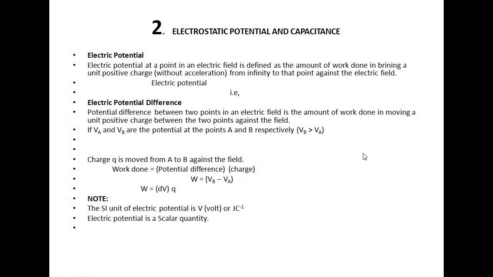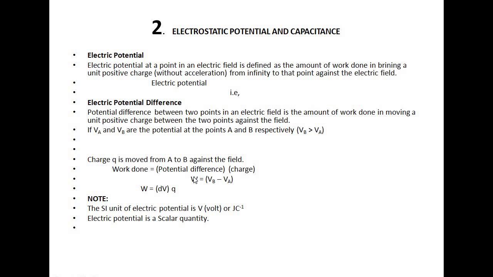Point A, point B. VA and VB are the potential at the points A and B, and the work done to move the charge from A to B. Look at the direction of the electric field and the direction of points A and B. They are opposite. That is why here the potential difference is VB minus VA, because the potential at B is greater than A. That is why we subtracted it.